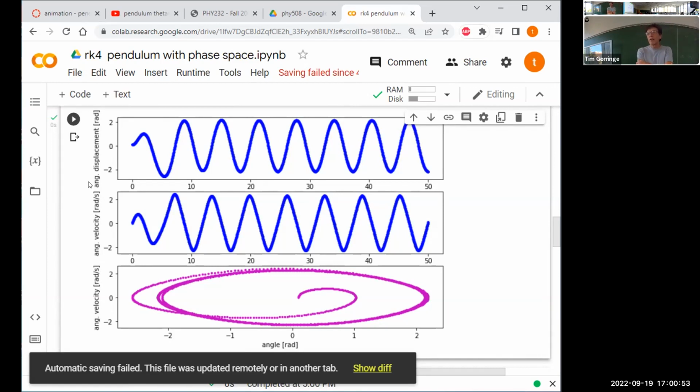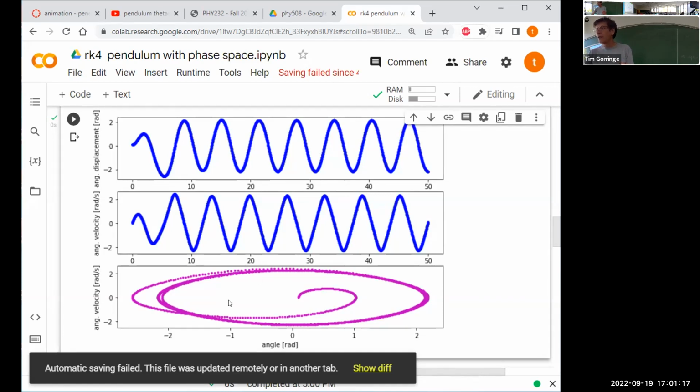So the first 10 seconds or so in this slide is that transient period. The remaining 40 seconds is the steady state period. You see that after 10 seconds, it just looks like steady state oscillations in the angle, and steady state oscillations in the angular velocity.